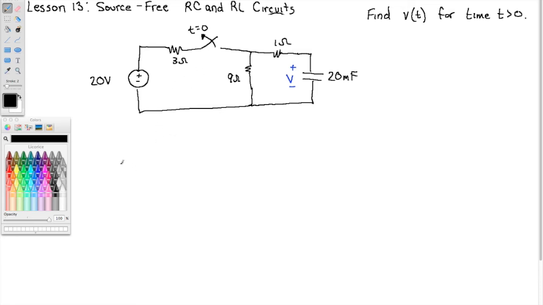So before the switch, we have the following circuit. Actually, I'm not going to draw it again. I'll just come up here. Before the switch, we've got this circuit. Okay? What's the capacitor voltage? Well, this is a DC circuit. So this is now a problem from 2 videos ago. Let's replace the capacitor with its DC equivalence.